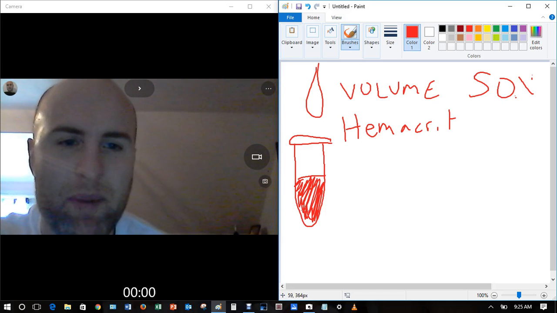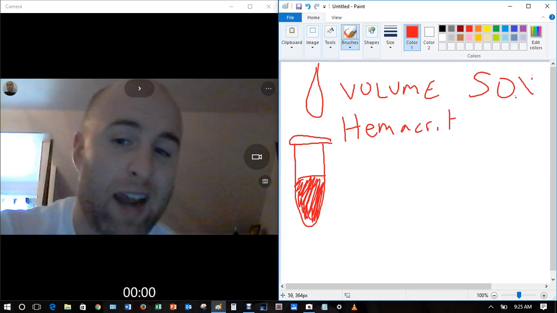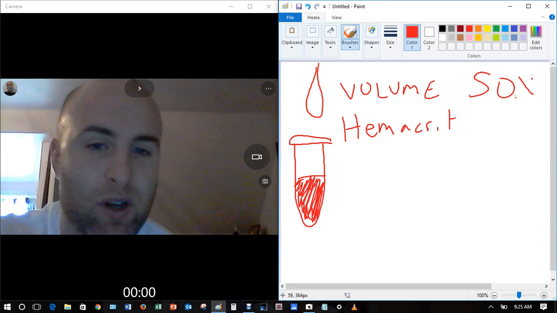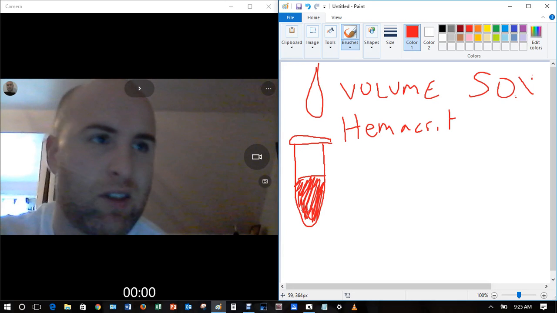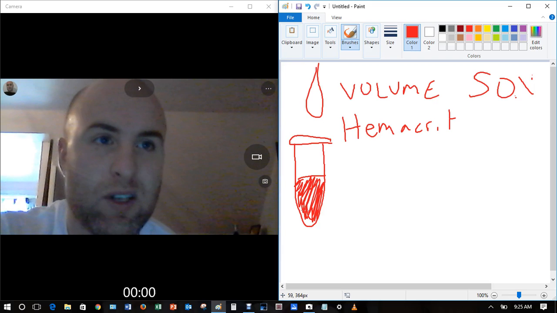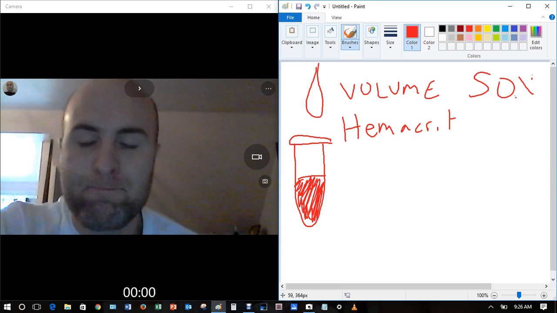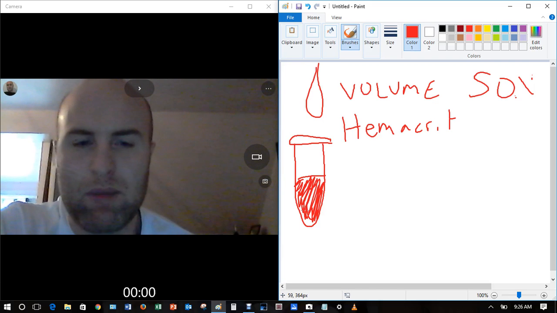So the hematocrit isn't the amount of red blood cells in her body. It's that if you were to extract some of her blood and say what proportion of this is fluid, or plasma, and what percentage of this is red blood cells, and how much is white blood cells, you look at the ratio.